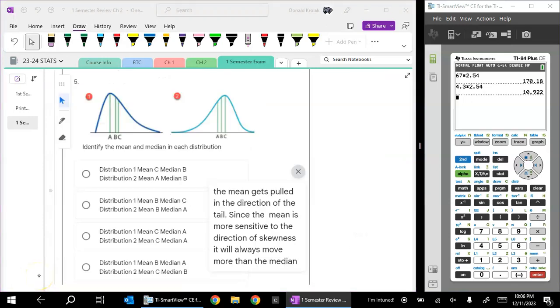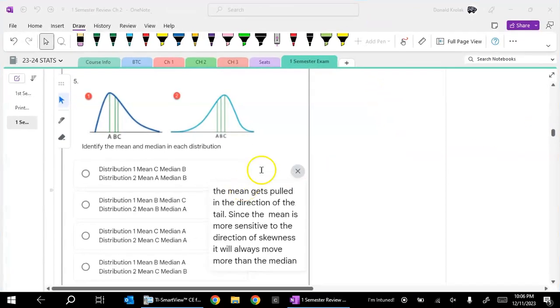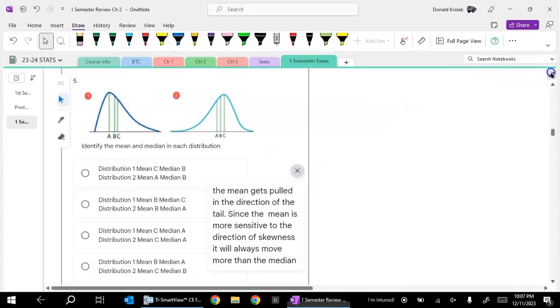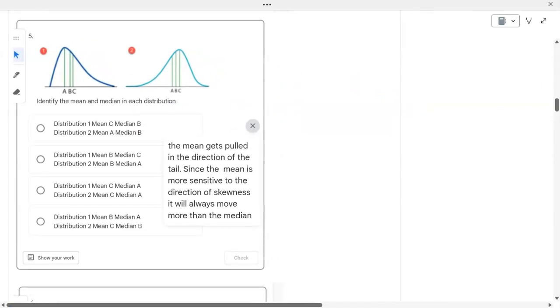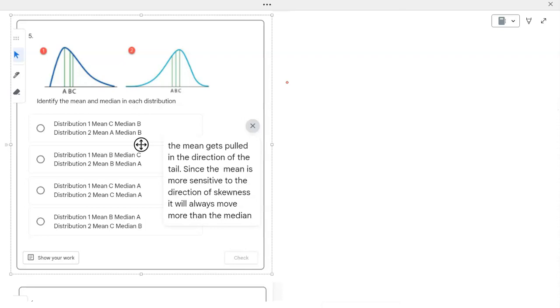All right, number 5. We've got 2 skewed graphs, and the question's asking you to find which one of those lines up there is the mean and which one's the median. So here we've got a skew to the right, that's the direction of the tail, and number 2 is skewed left.